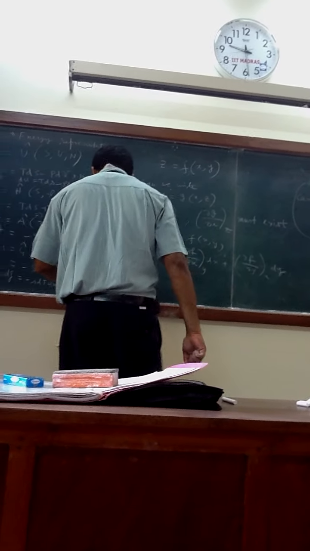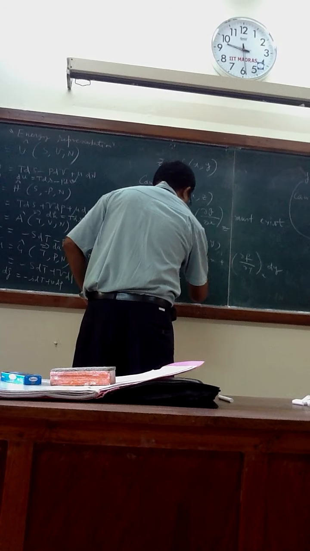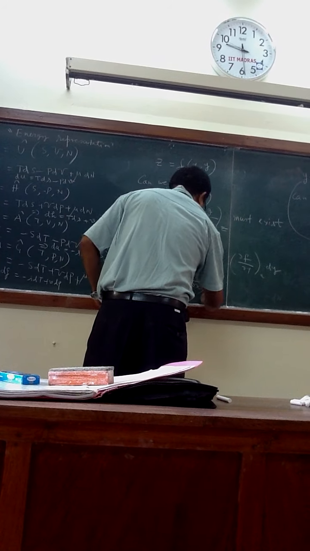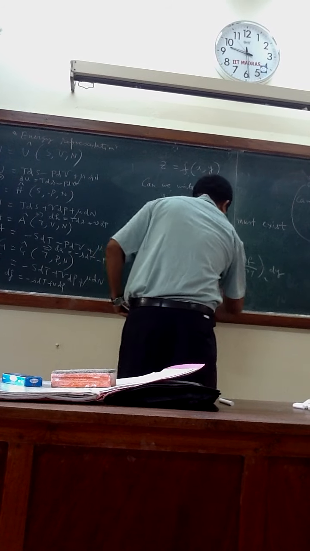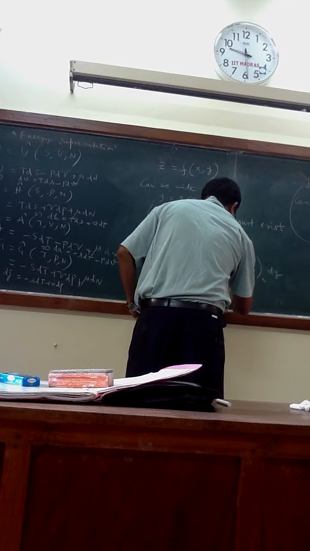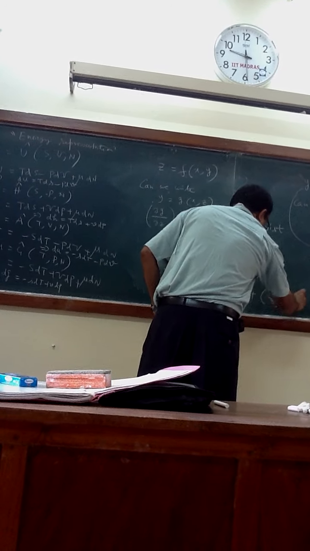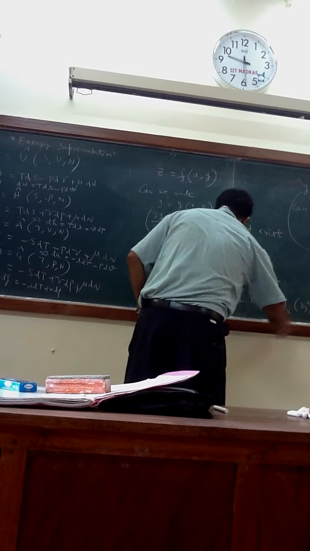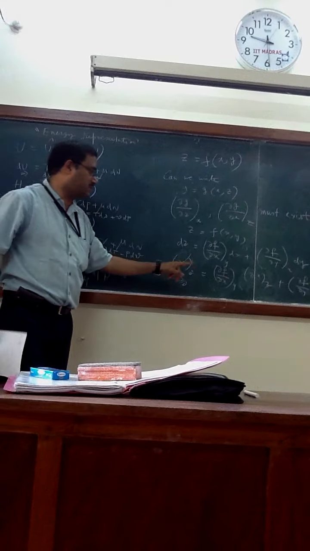If I fix z constant, dz equals (∂f/∂x)_y (∂x/∂x)_z plus (∂f/∂y)_x (∂y/∂x)_z, and dz constant means dz equals 0, no change of z.